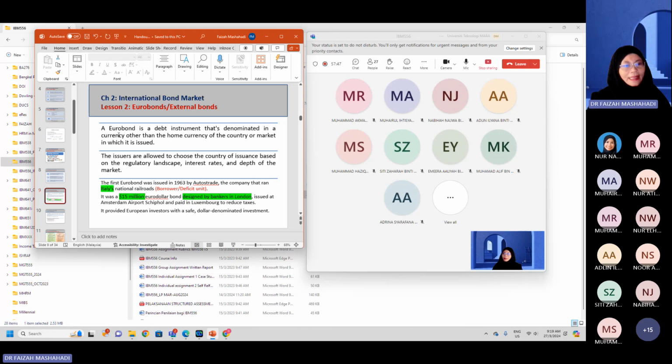A Eurobond, again, is a debt instrument. This is a long-term debt instrument. A bond is automatically long-term, regardless of whether it is domestic, international or Euro. A Eurobond is a long-term debt instrument that is denominated in a currency other than the home currency of the country or market in which it is issued.